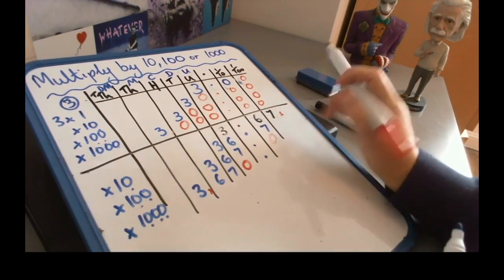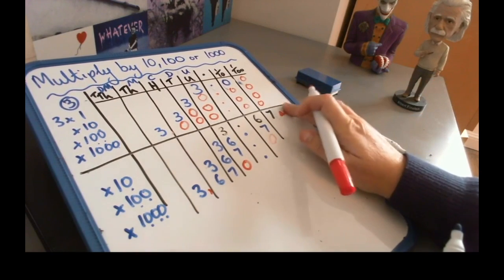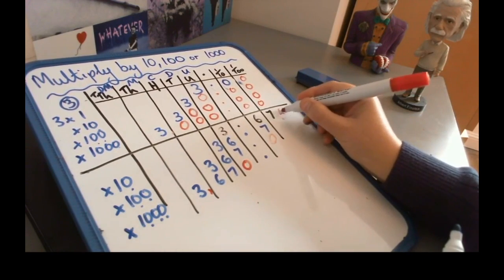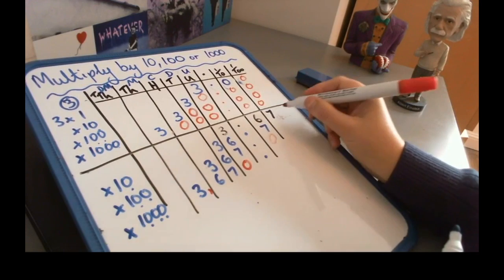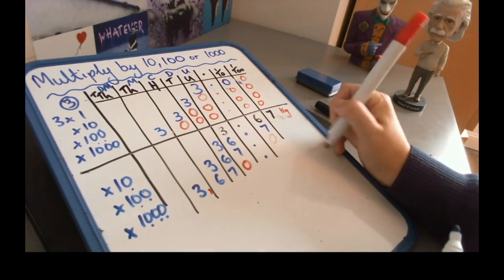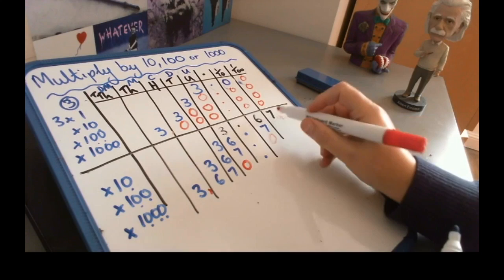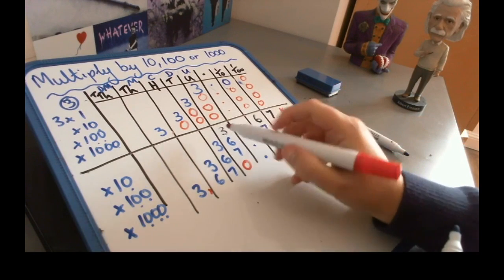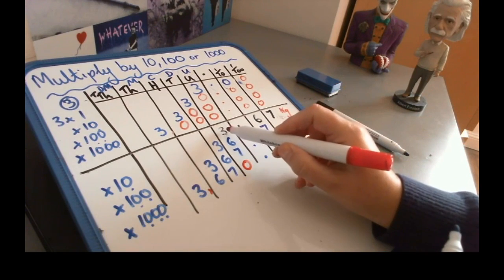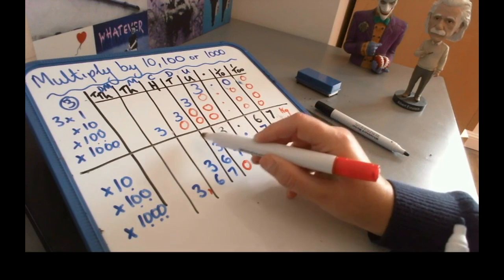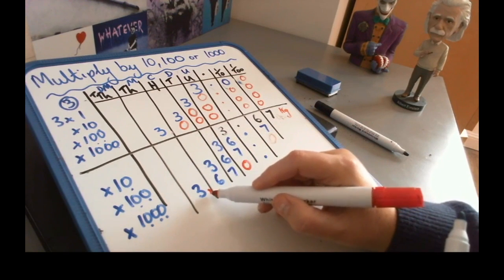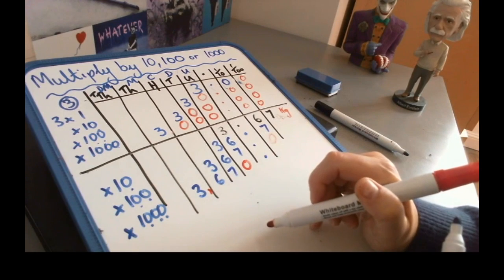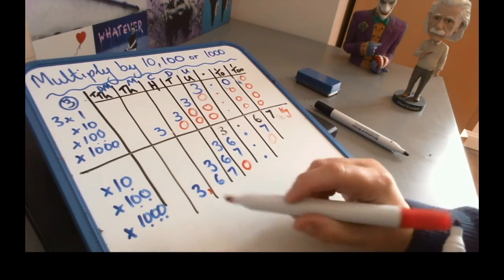If I had metres still, or litres, or kilograms maybe, and I wanted it into grams, there are 1,000 grams in a kilogram, so 1, 2, 3 zeros, and I move this 3, 1, 2, 3, 3,670. Simple. Have a go. Hope it's of help.